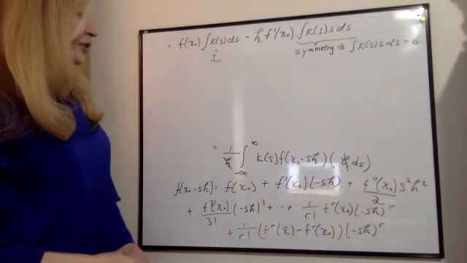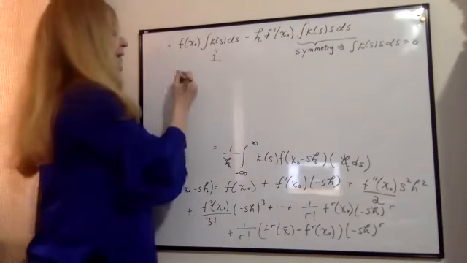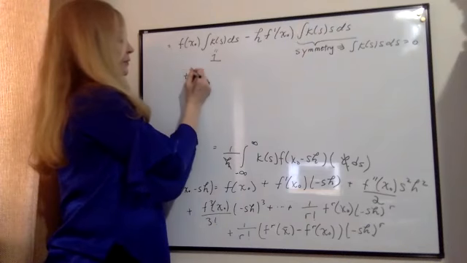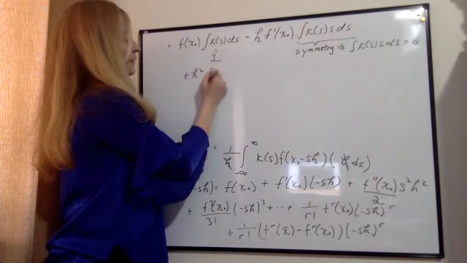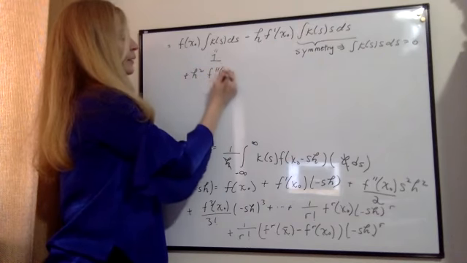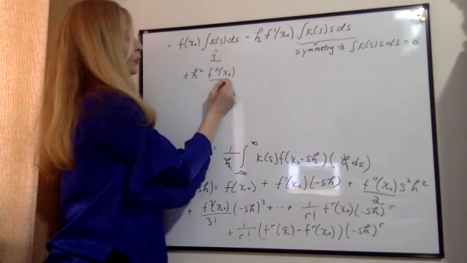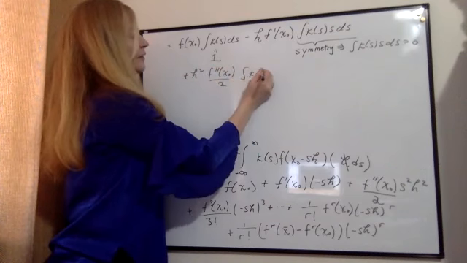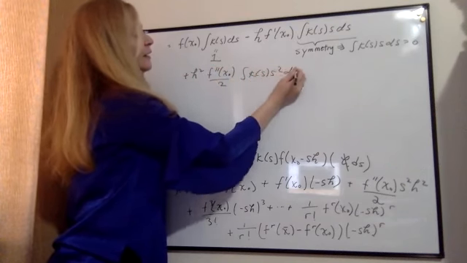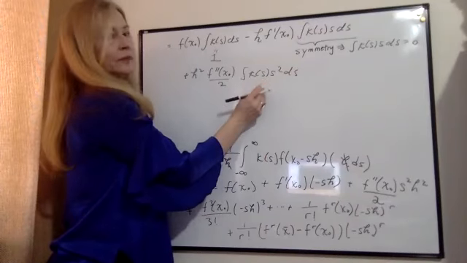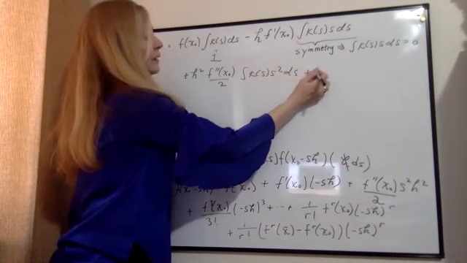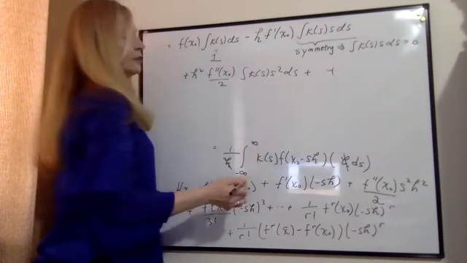Now the next term is not going to go away usually, but okay, this is going to be like f double prime of x naught over 2. Then we've got the integral of s squared k of s ds. Okay, so this is usually not equal to 0. Okay, and then we've got these additional terms.